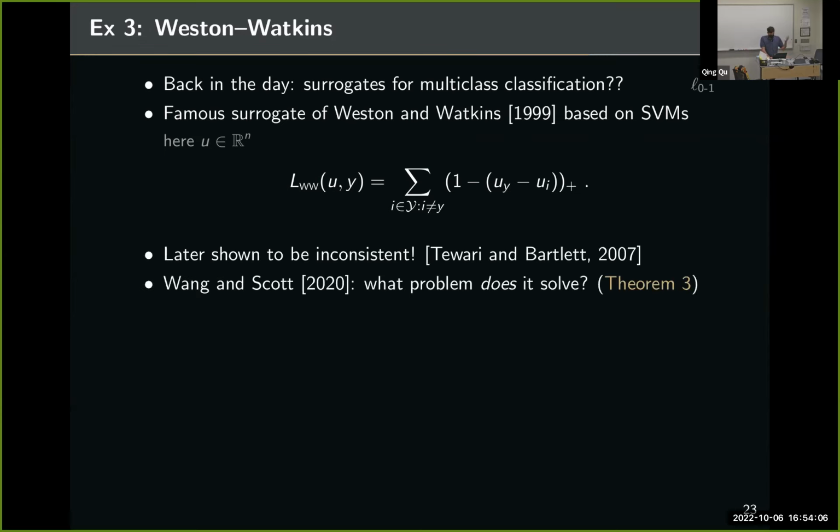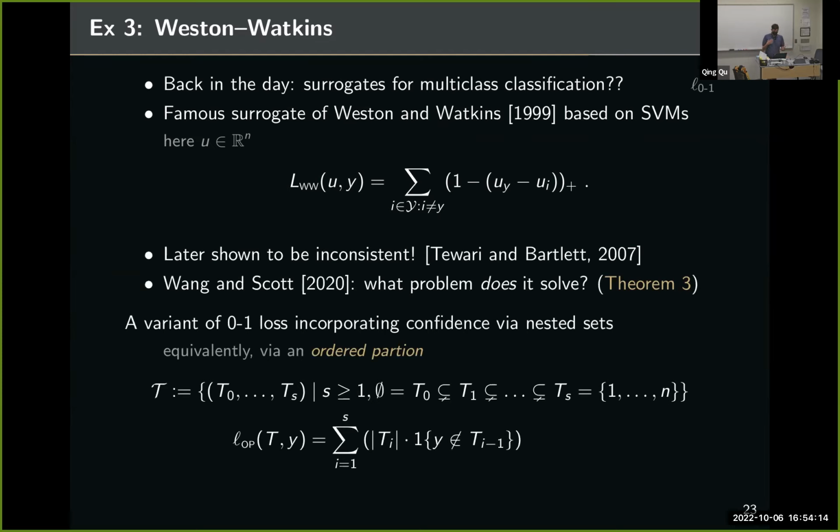And Clay Scott and Yutong Wang showed what problem it does solve using our framework. It turns out it's some variation of 0-1 loss where, similarly, you can incorporate confidence. For time, I'll skip the details, but check out their paper. It's super interesting.